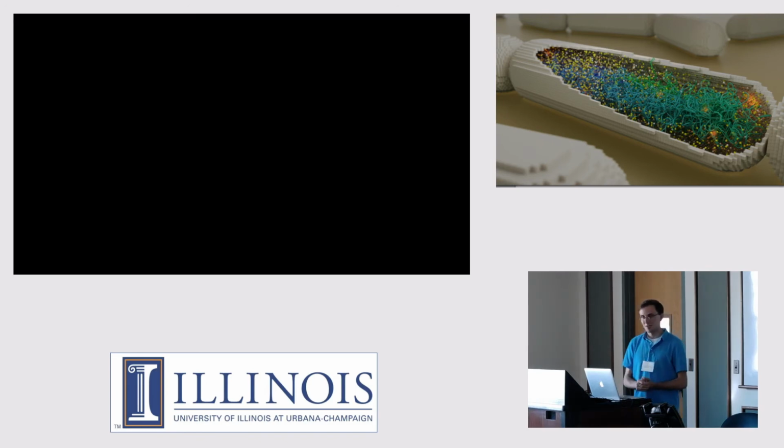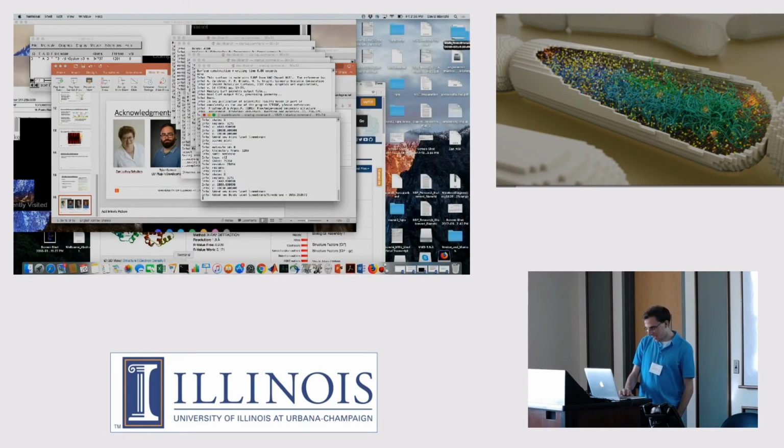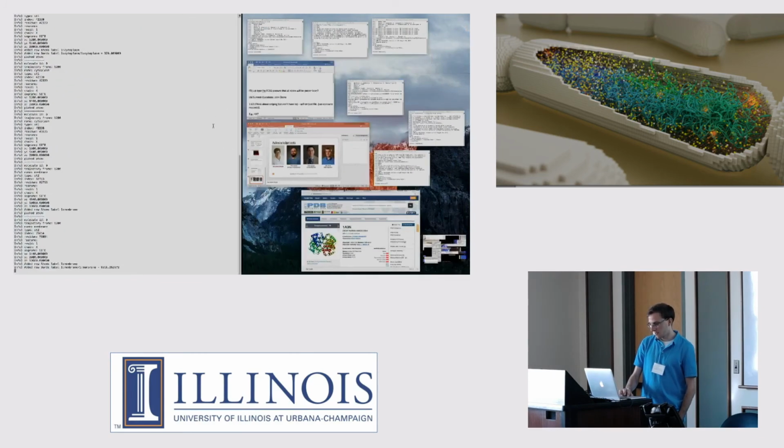And before I close or take any more questions, there's one thing I just realized that I forgot to show, and we'll see if we can pull it up here. When VMD is loaded, it actually starts a window in the terminal.